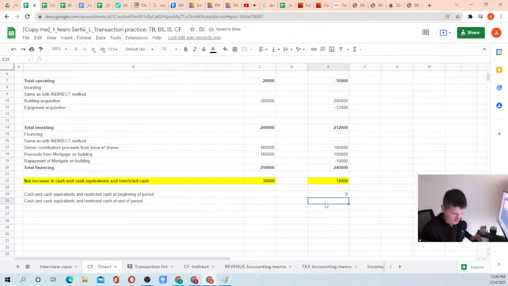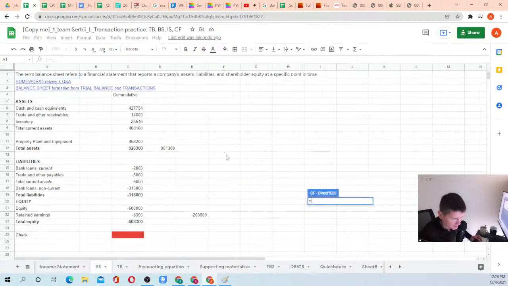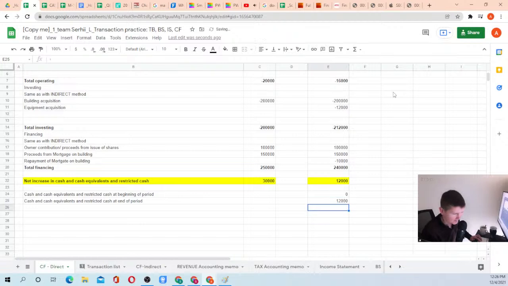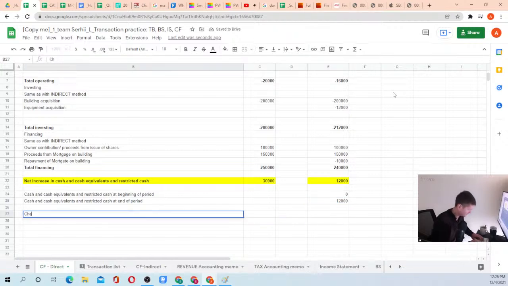And let's go to our balance sheet, which we did in our homework earlier. What? No, trial balance, sorry. And we have period 1 and we have 12,000 of cash here at the end of period 1. And now let's do a check.